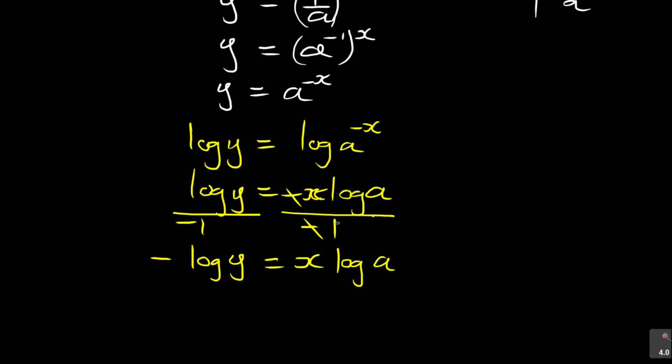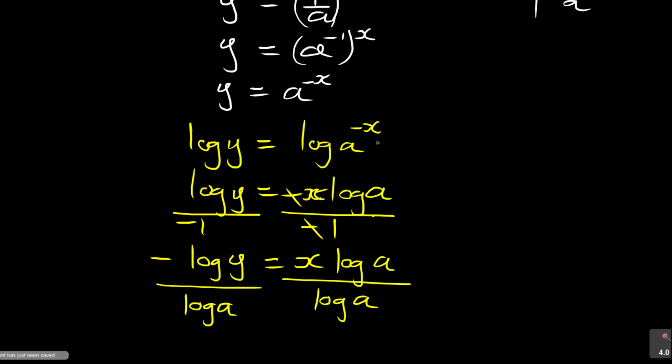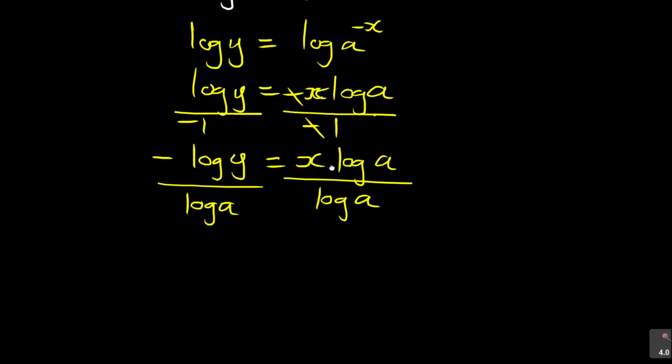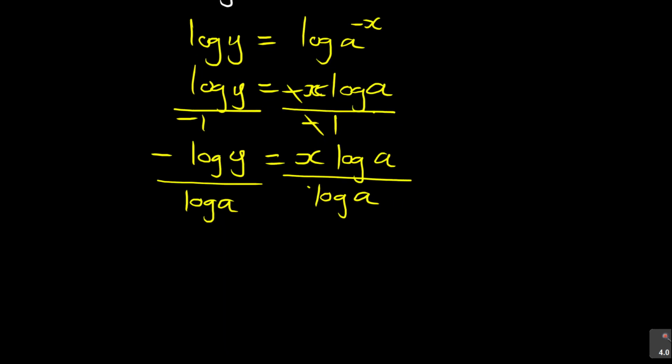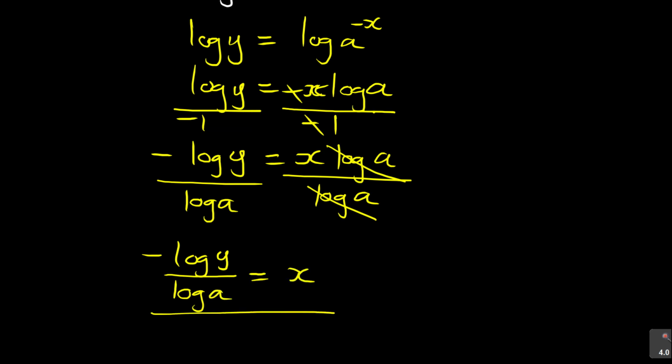Then I can divide by log a over log a. So what I'm saying here is negative log y over log a is equal to x.